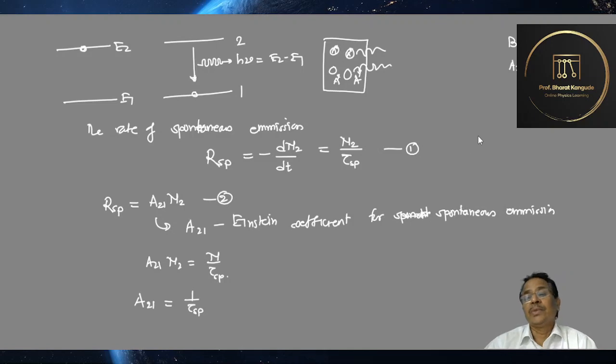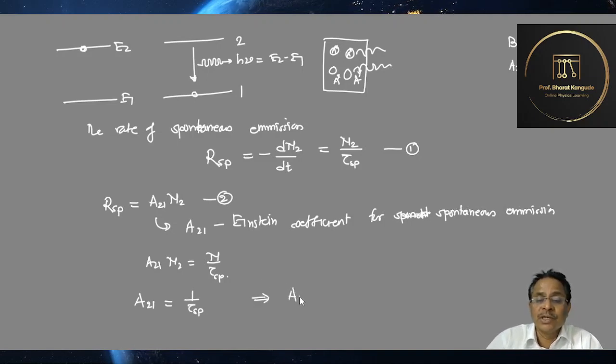And remember, in case of this type of spontaneous emission, no way can these atoms go from state 1 to state 2. That means the coefficient A12, the spontaneous emission from level 1 to level 2, is never going to be possible, because automatically or on its own an atom will never go from state 1 to state 2. Spontaneously it will never happen.